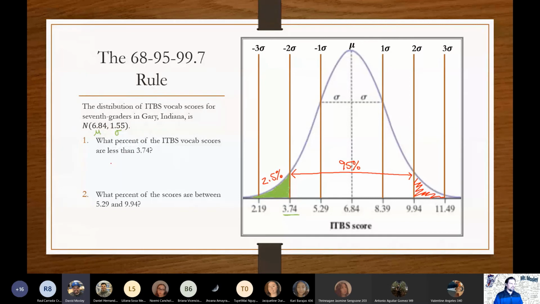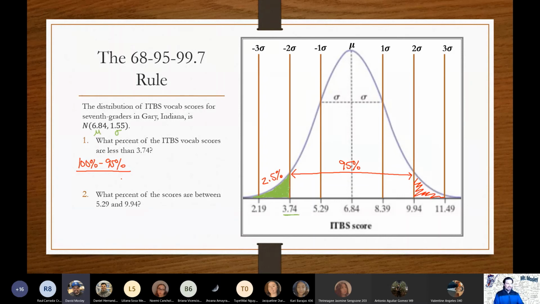And we can figure this out, like if we're asked to show our work in some situation, we would have 100% minus 95% that we know is not included. That's not the area I'm looking at.